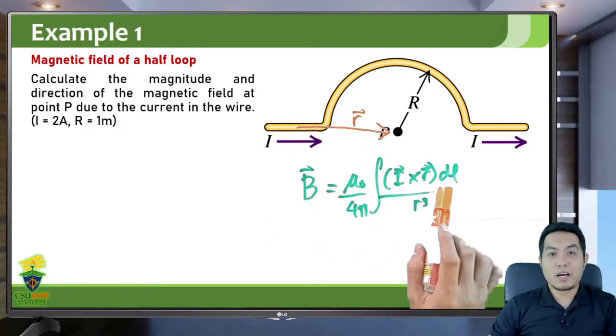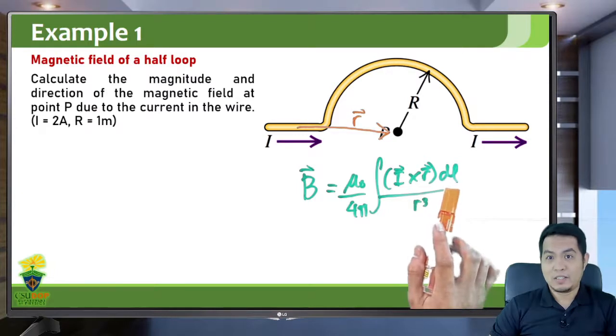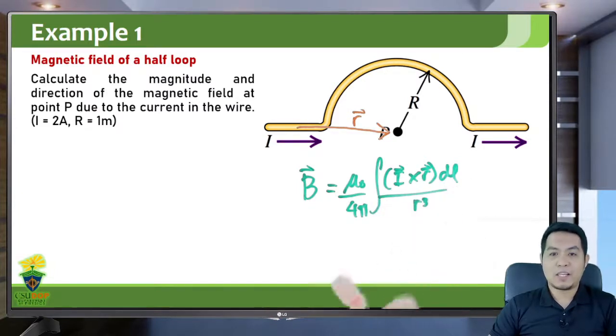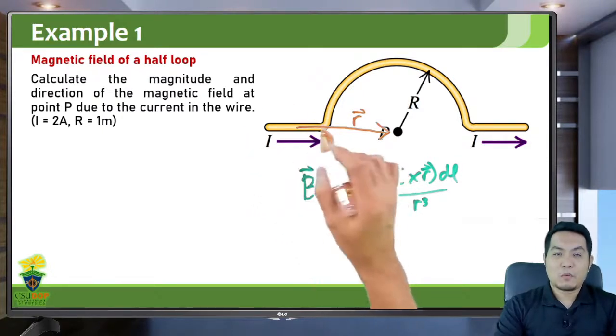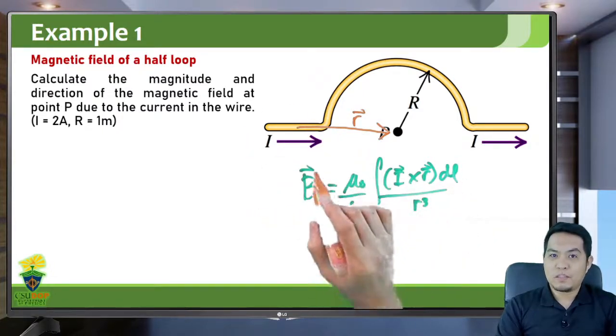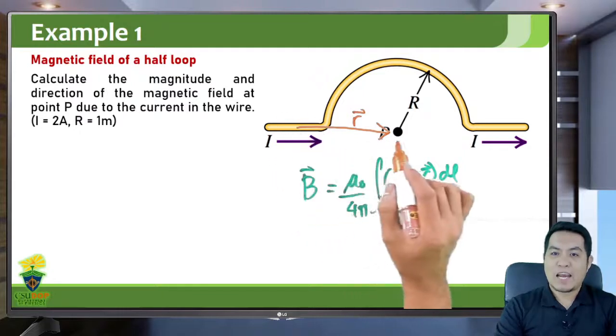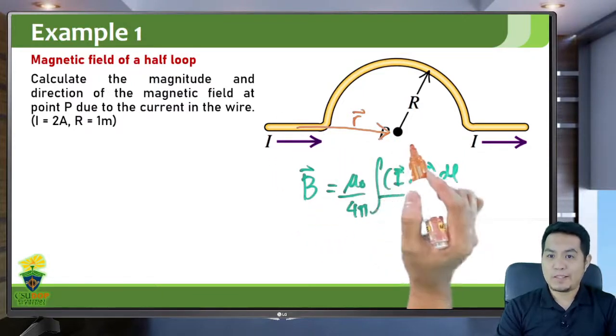So our I is here, our r. I cross r, they are parallel, meaning I cross r is 0. So this straight line segment will have no contribution. The magnetic field due to the straight segment at this point P will be 0.